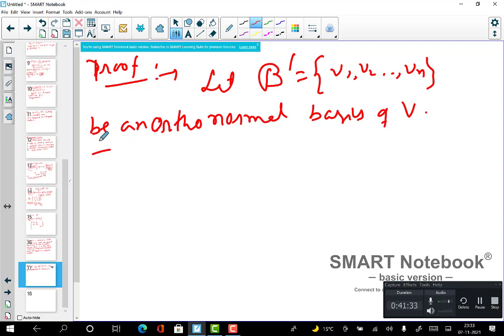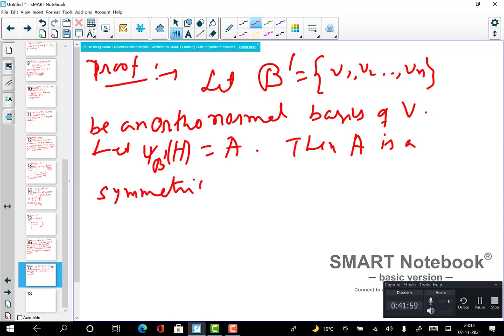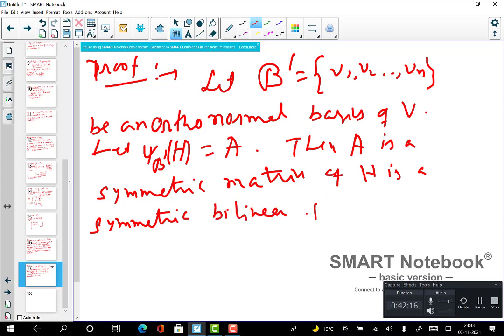Let the matrix of H with respect to this basis be A. Because H is a symmetric bilinear form, A has to be a symmetric matrix. And A is a real symmetric matrix because the vector space is over R, so A is orthogonally diagonalizable.